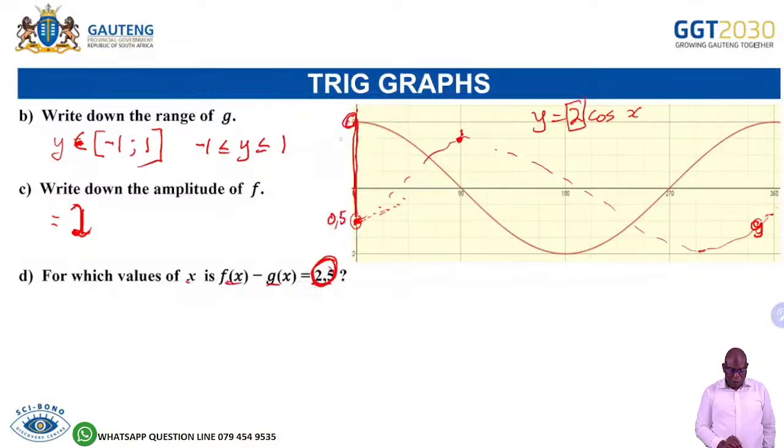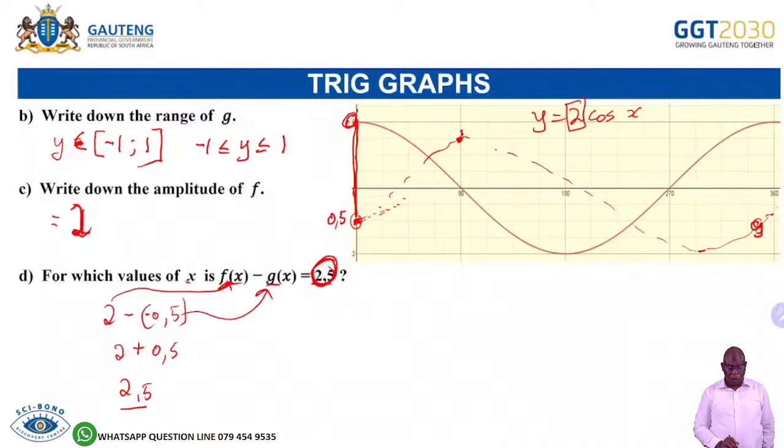If I take the top, it will be 2 minus negative 0,5, so it will be 2 plus 0,5, and that will give us 2,5. The f graph is at 2, the g graph is at negative 0,5, and the answer I get is 2,5.